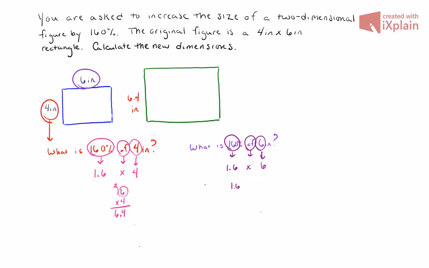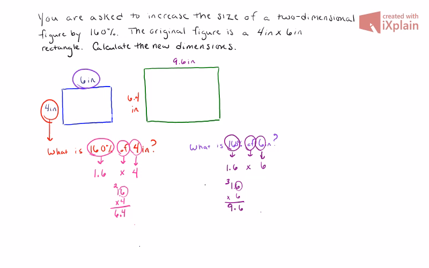If we do 1.6 times 6, 6 times 6 is 36, so we carry that 3. Then 6 times 1 is 6 plus the 3 gives us a 9. Since we only have one digit after the decimal place, we move our decimal in just one spot. So the dimension here is going to be 9.6 inches. So this is your solution. The dimensions of the new rectangle, instead of 4 by 6, are going to be 6.4 by 9.6.